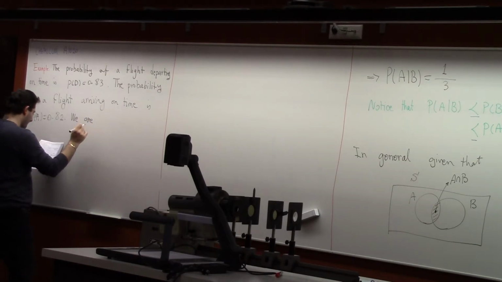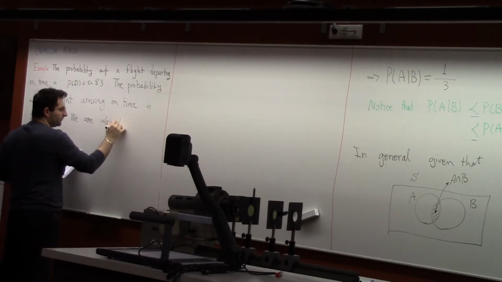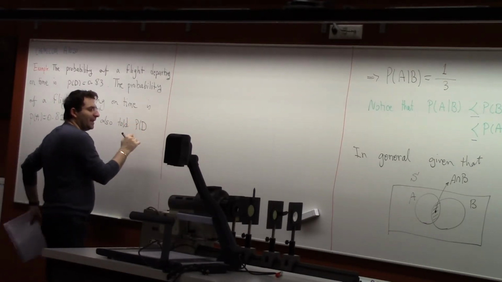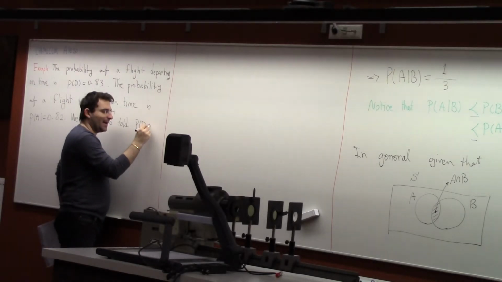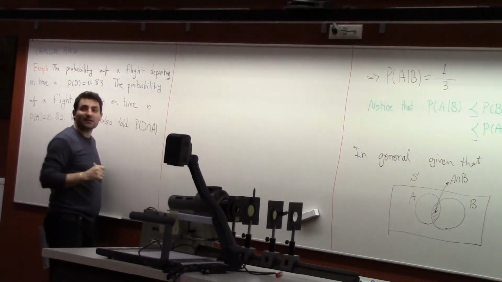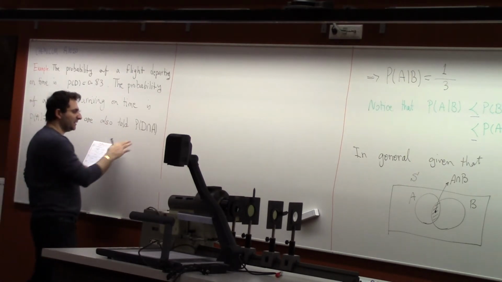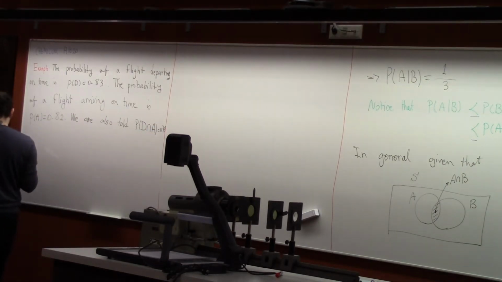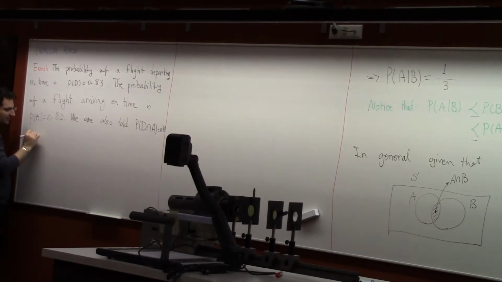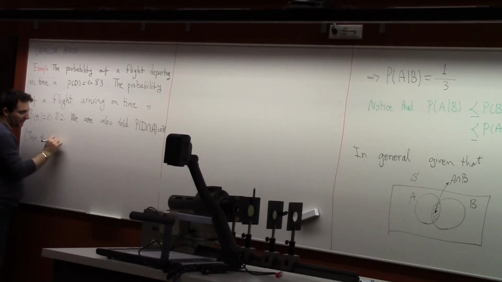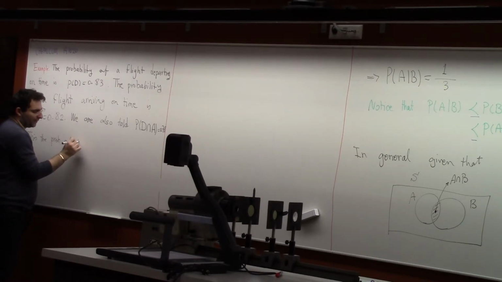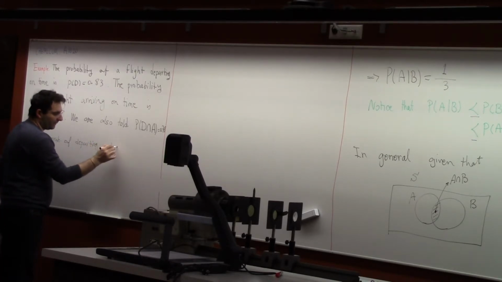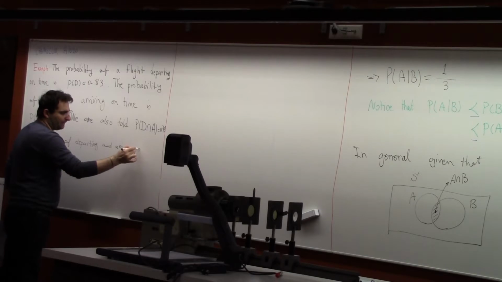We are also told by the airport, let's say, that the probability of departing on time and arriving on time, which is the intersection, P of D intersected by A, is 0.78. This is the probability of departing and arriving on time.